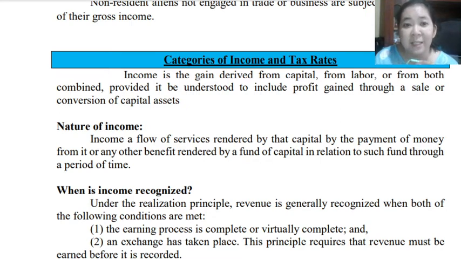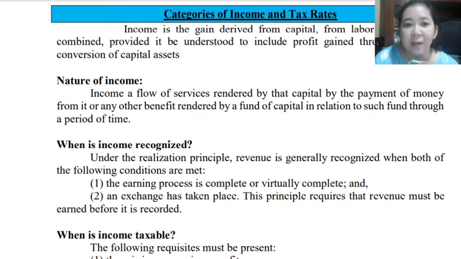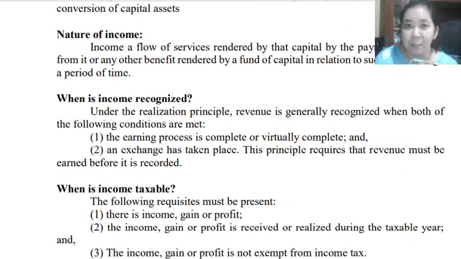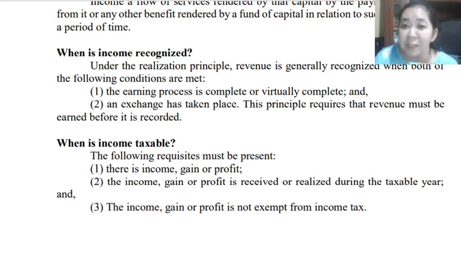So when is income recognized? So here, under the realization principle, revenue is generally recognized when both of the following conditions are met. So meaning, if these conditions are met, then it is assumed that you have recognized or realized an income.